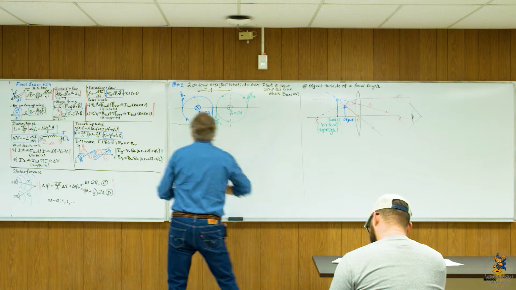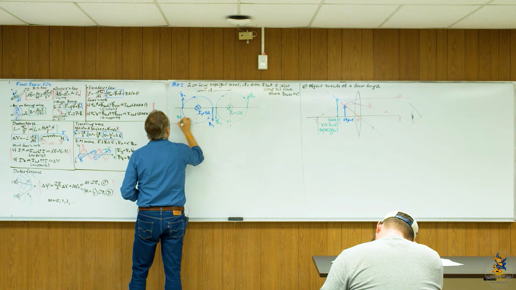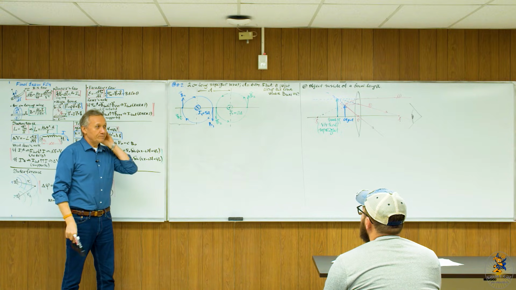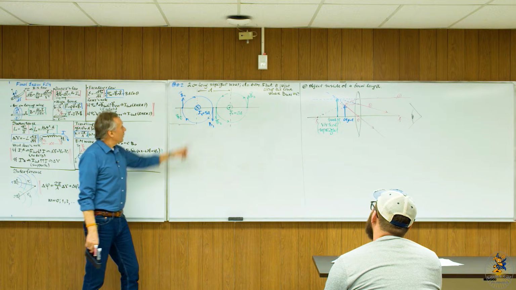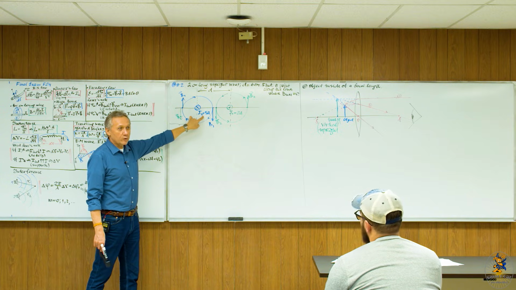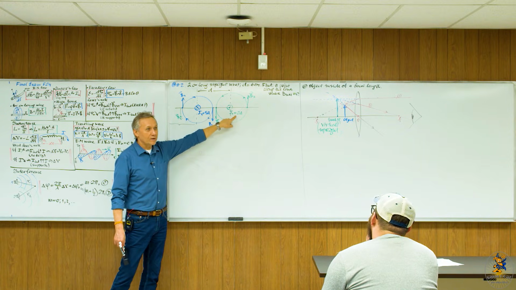Maybe over here I can draw that B1 also, right? So let's say this is my B2. So which one is larger? Let's say we pick a point. Current I1 is closer to this point, and the value of the current is larger. The other current is smaller and it's farther away.